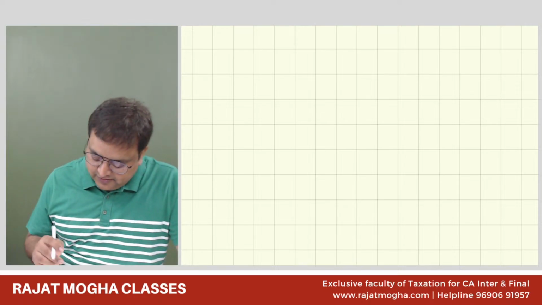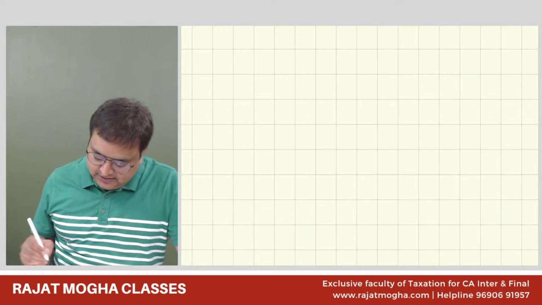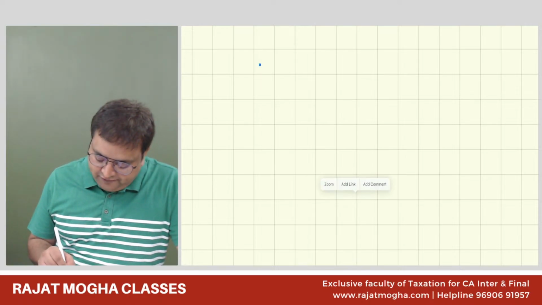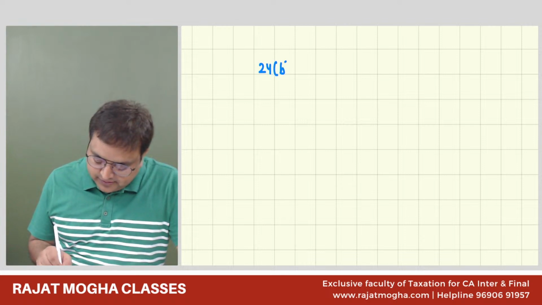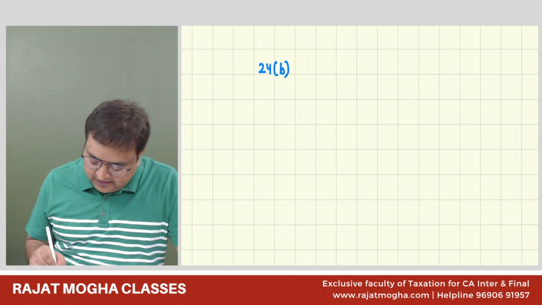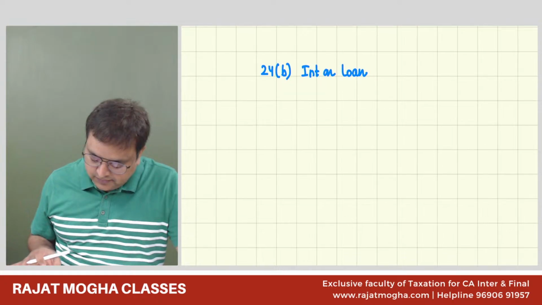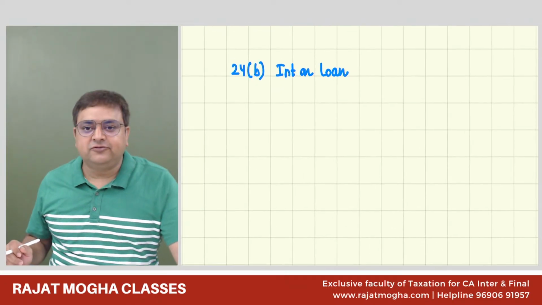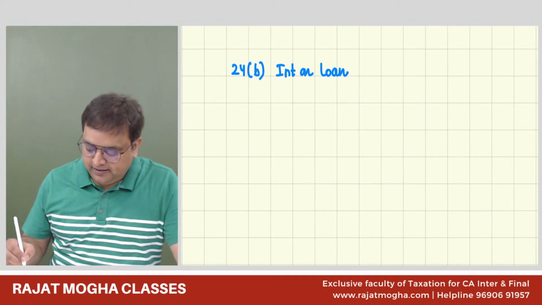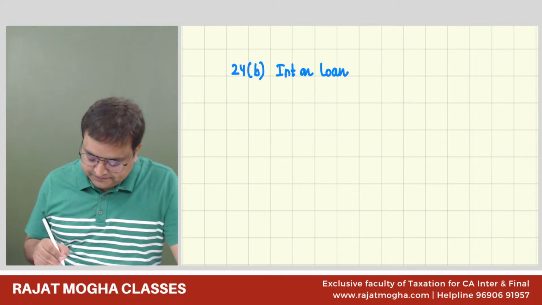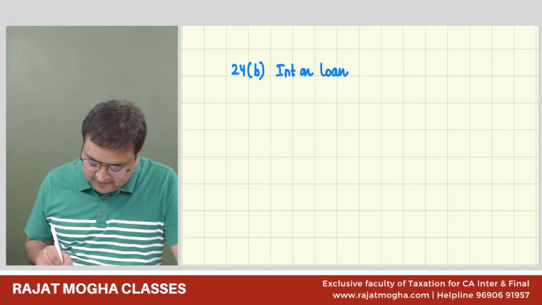Now, Arup, see, 24B is interest on loan. How we compute the interest on loan under 24B is divided into two parts. First, it is current year interest.